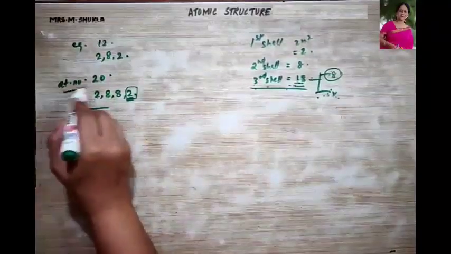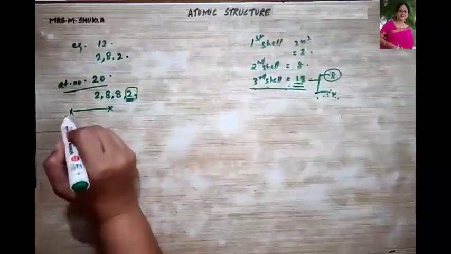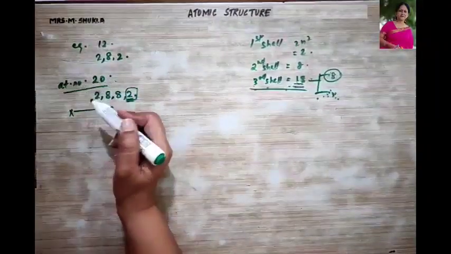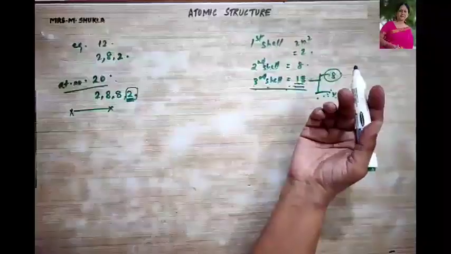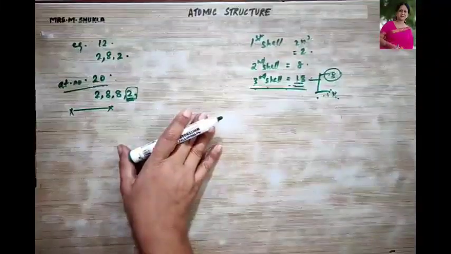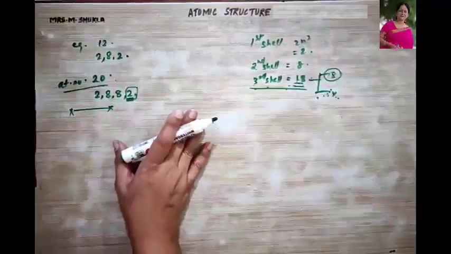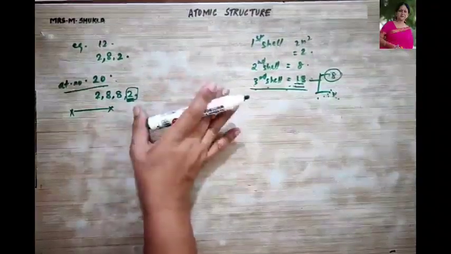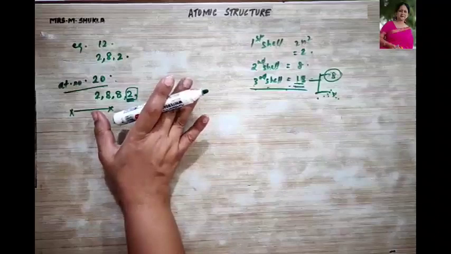Configuration only till atomic number 20. Above 20, the atomic number configuration has a different way of configuring the electrons that you will study in the senior class. So till atomic number 20, you need to know how to do the configuration.